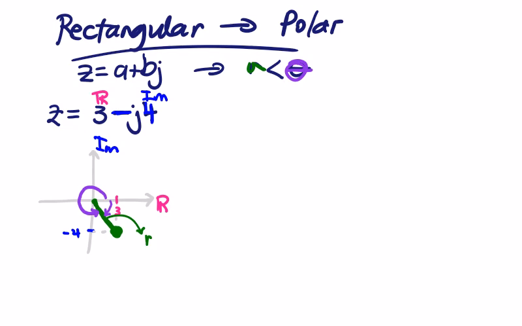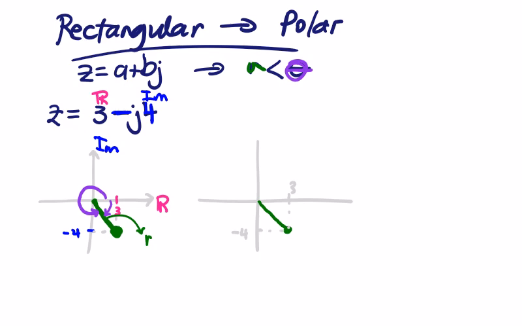So let's see how we calculate this. And it's all about a triangle that we can visualize here, and I'll draw again. So we have our complex number there, so we need to find that length, knowing this is 3 and this is negative 4.